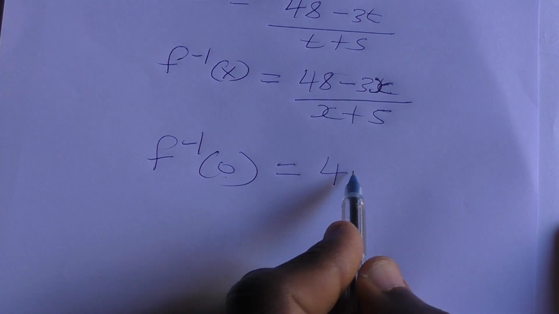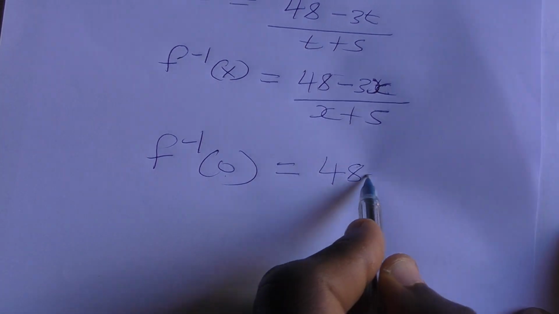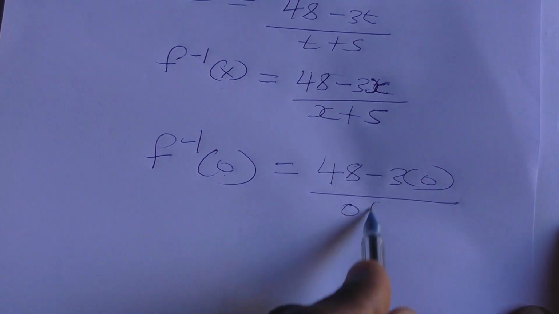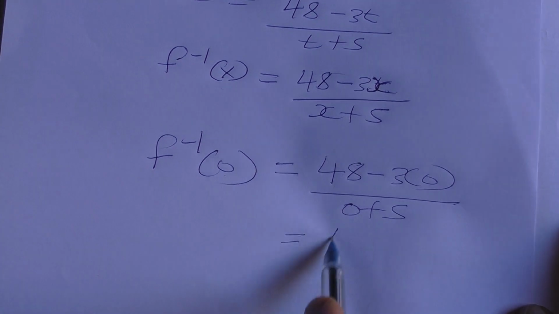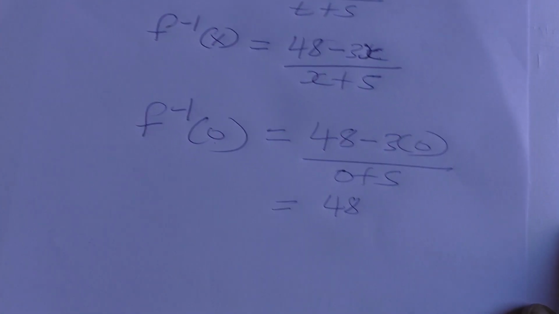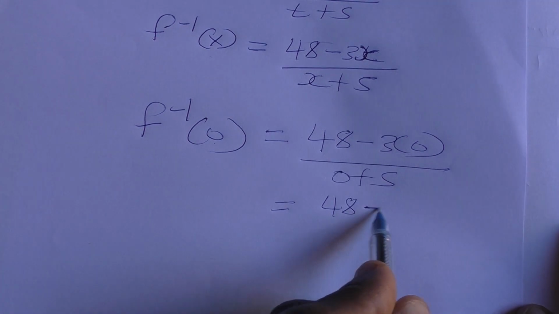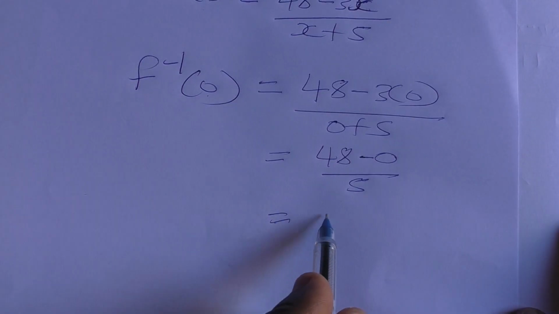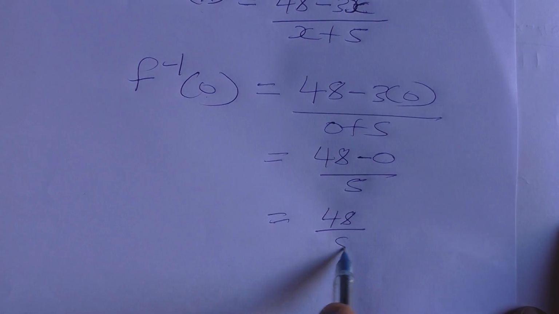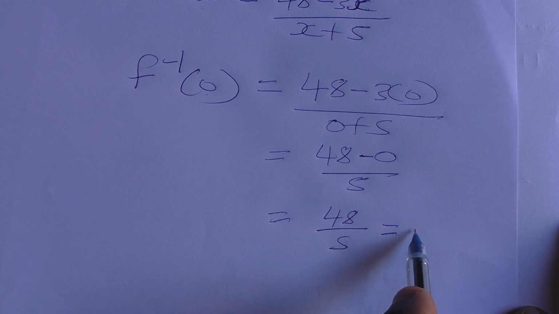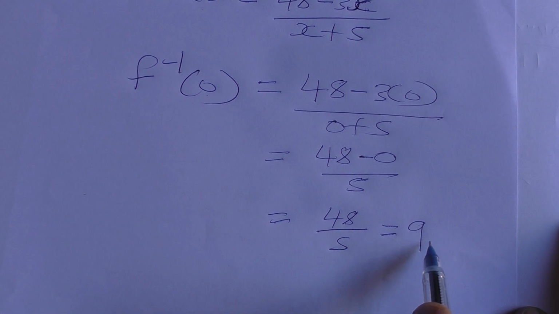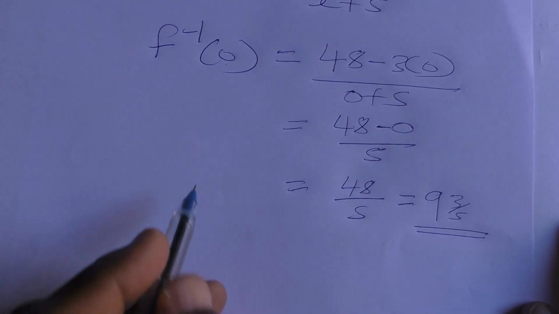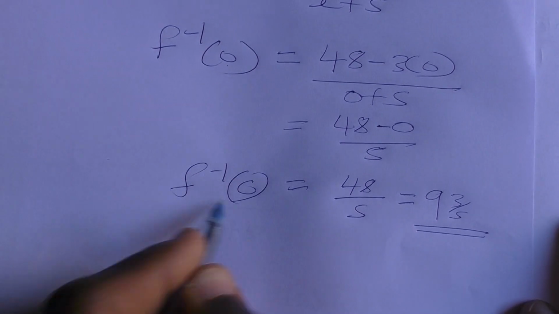That is 48 minus 3 into 0 over 0 plus 5, hence giving us 48 minus 0 over 5. That is 48 over 5, which is 9 and 3 over 5. So that is the f inverse of 0.